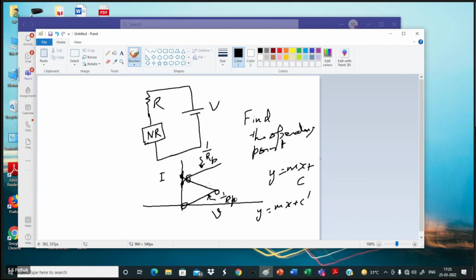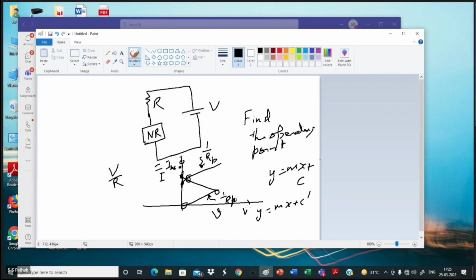Now, what is the load line? How much is the maximum current flowing through NR? That I consider here as I max. This I max is nothing but V by R, because on maximum current flow, the voltage drop here will become 0. And what is my V max?